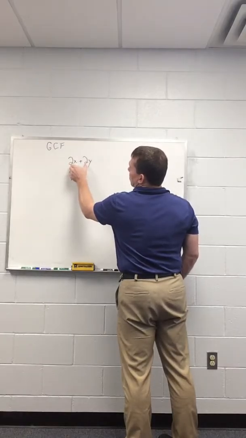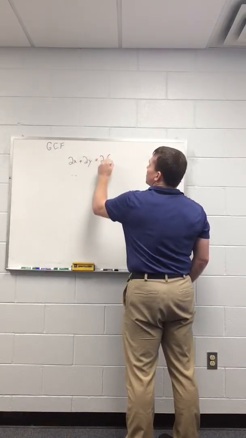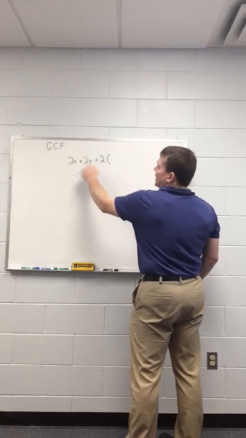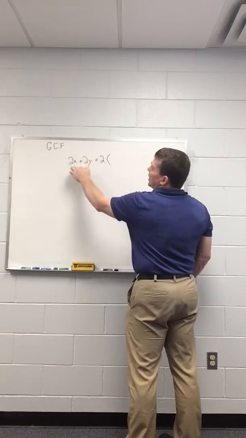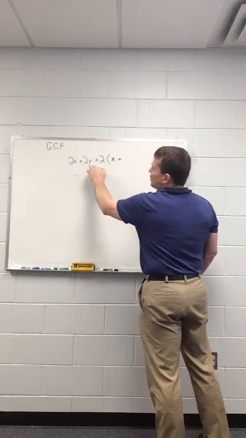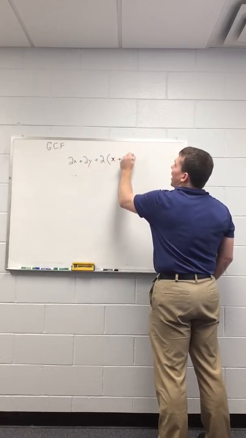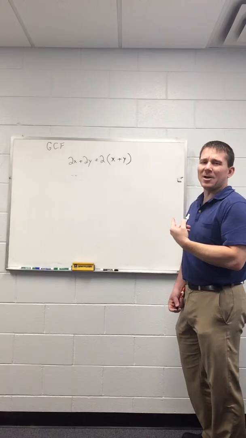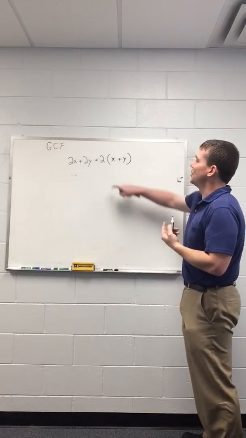In this case, both of these have a 2 in common, so I factor that 2 out to the front, and then I just say what's left over. I had a 2x, I factored out a 2, 2x divided by 2 leaves me with an x. I had a 2y, I factored out a 2, divide the 2 out, you're left with a y. And there we go. That's pretty much the most basic, standard, simple way to do it.